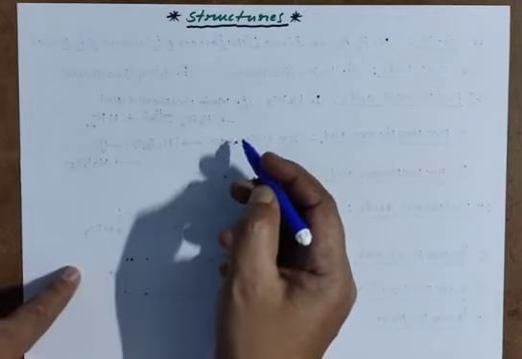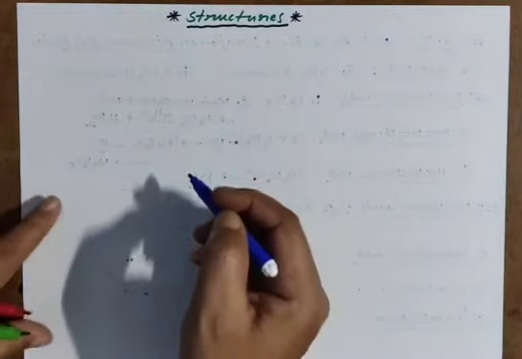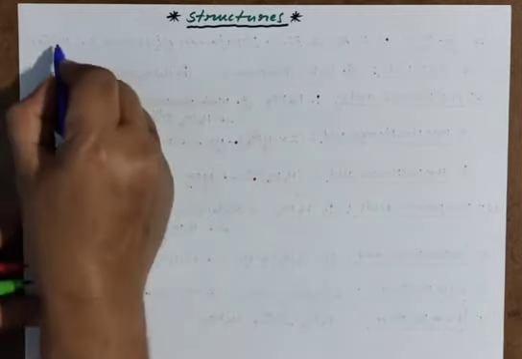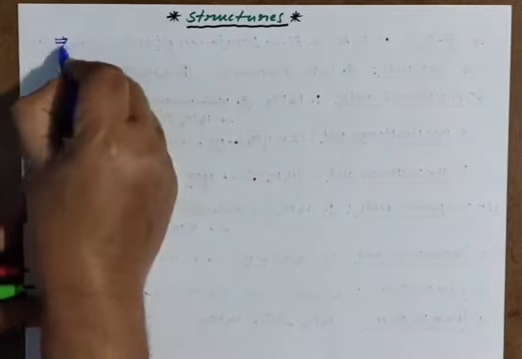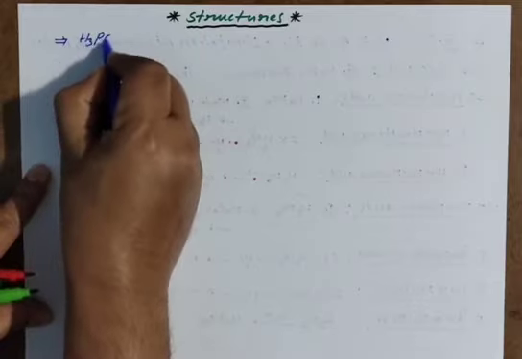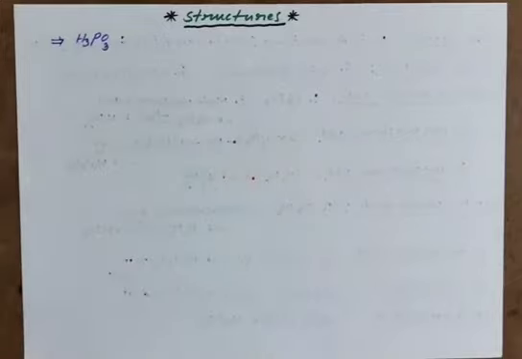Now, how to draw the structures of these acids in an easy way. I am trying to explain it in the shortest way possible. First I am taking H3PO3, phosphorus acid. How to draw the structure?